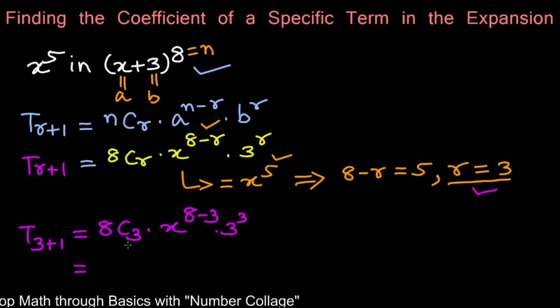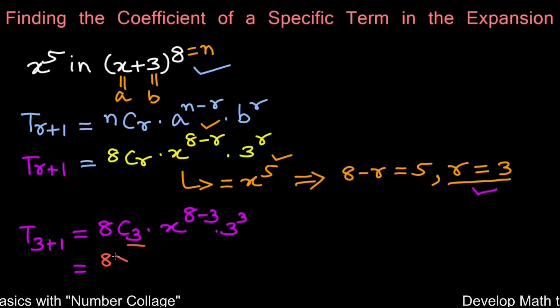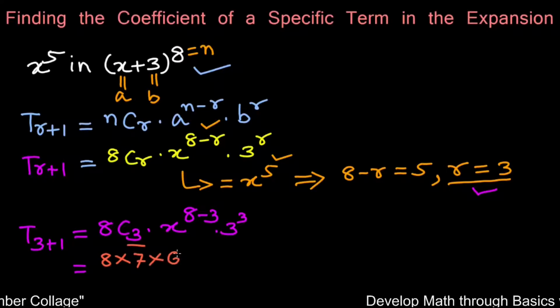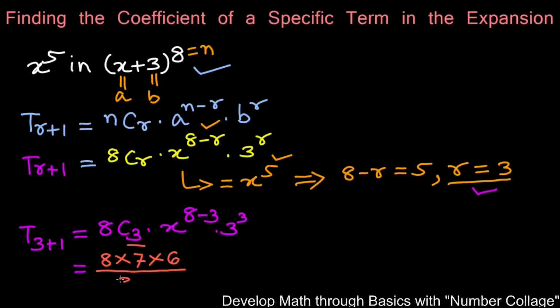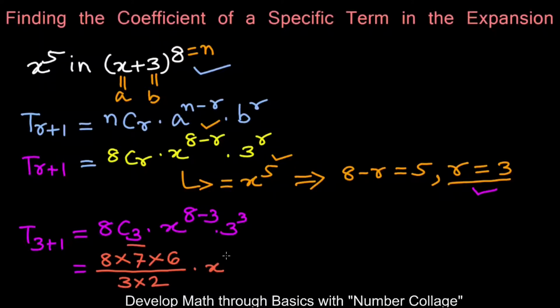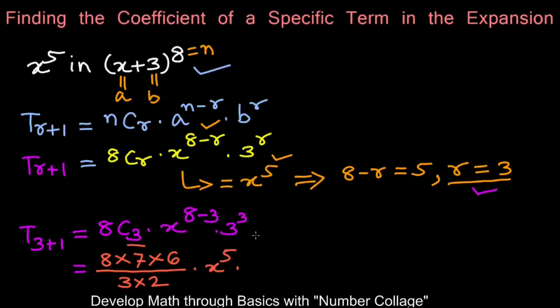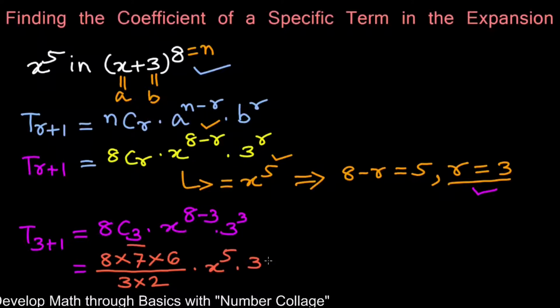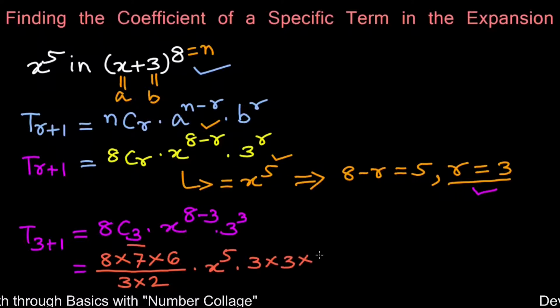Since here r is 3, we will write the three terms 8 multiplied by 7 multiplied by 6 in 8 factorial divided by 3 factorial, which will be 3 multiplied by 2, into x raised to 5 multiplied by 3 cube, 3 multiplied by 3 multiplied by 3.